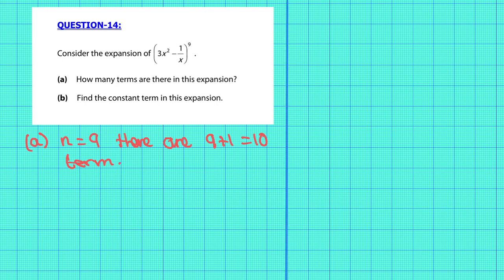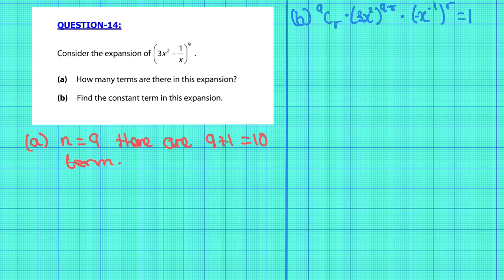B. Find the constant term in this expansion. Again, we need to find r. So n is 9, so we've got 9 choose r. 3x squared, 9 minus r. 1 over x can be written as x to the minus 1, r.